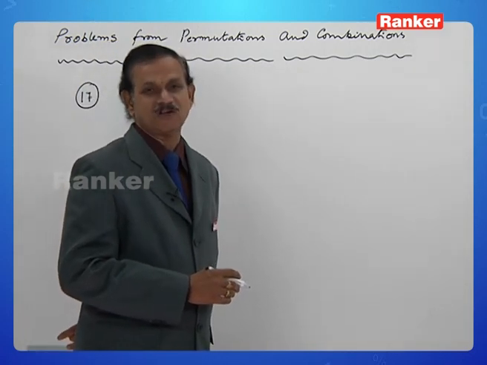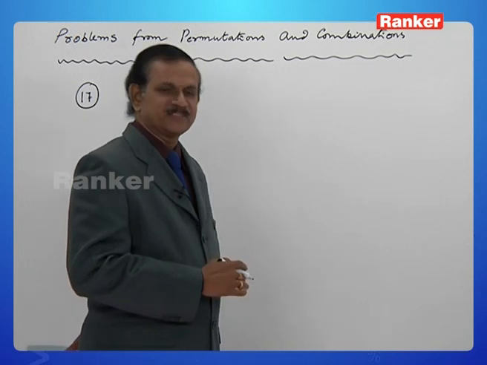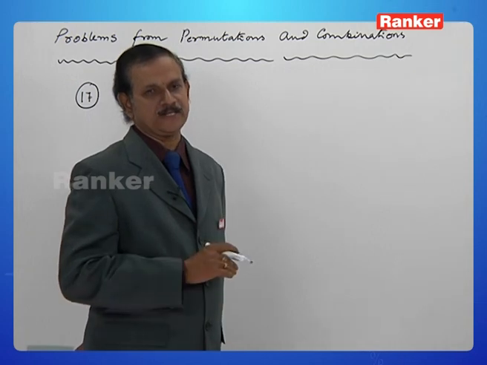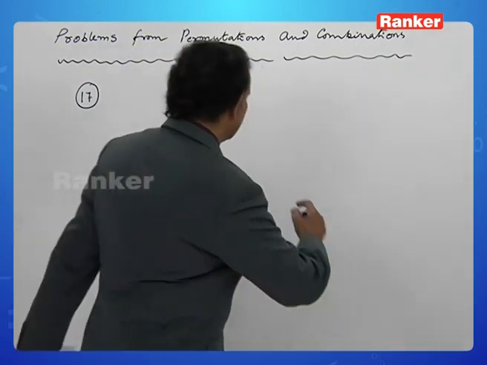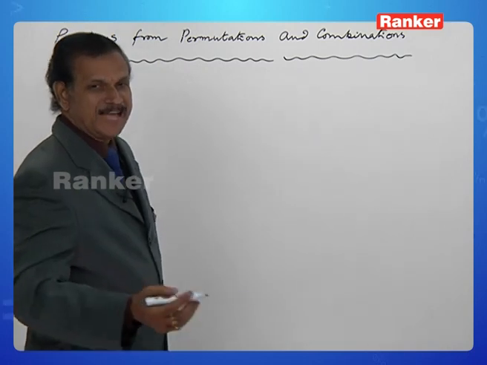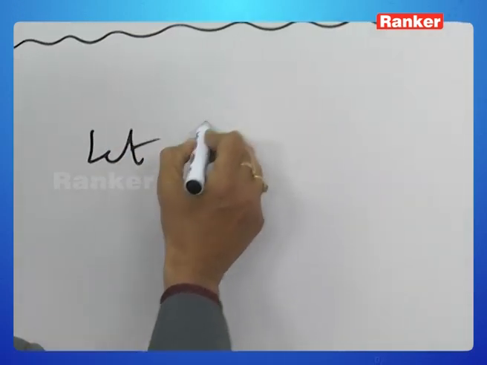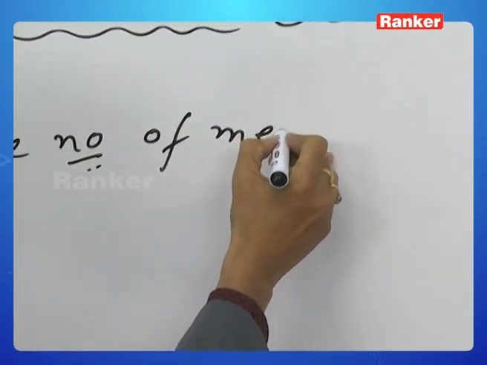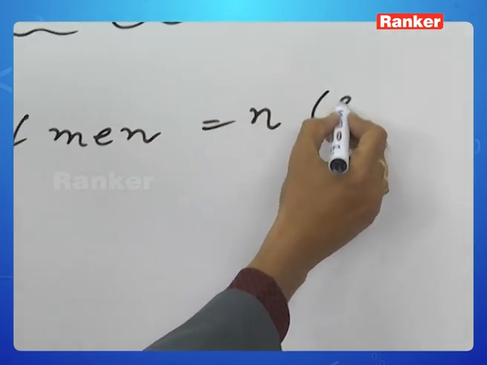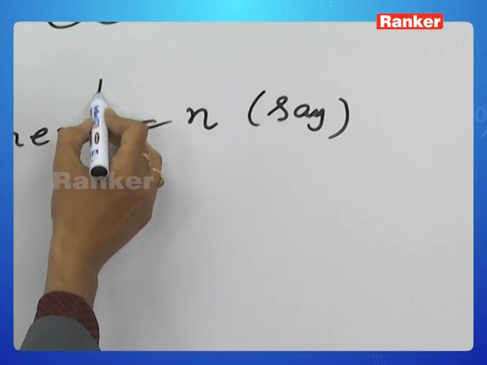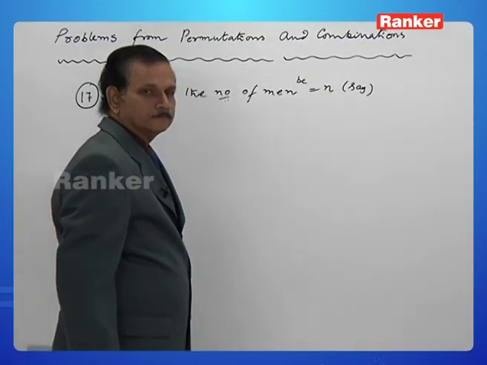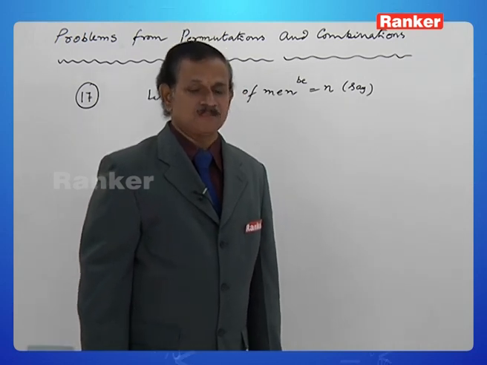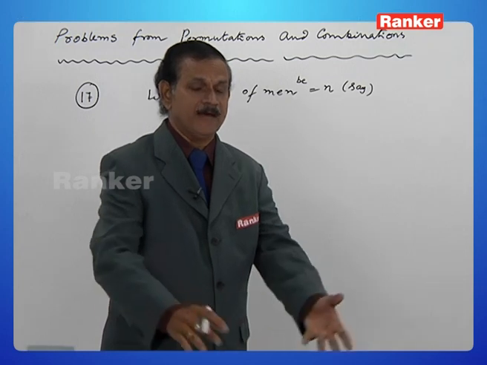We now use that concept here. In the present problem, some men and 2 women are participating in the chess tournament. Let us first assume that the number of men participating be n. How many matches will be there among themselves, that is among men only?